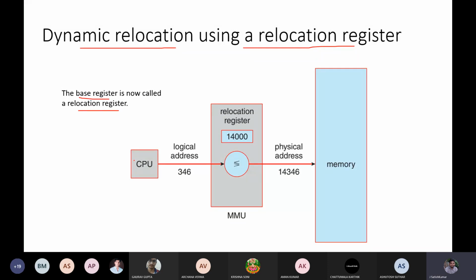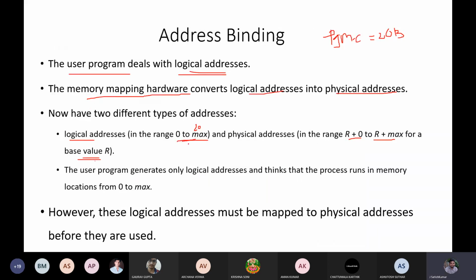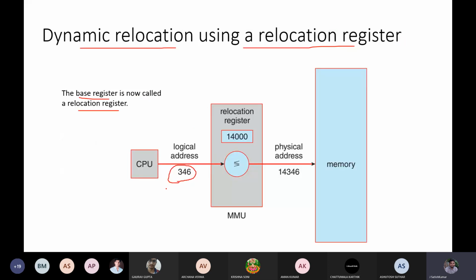Now the CPU generates a logical address of 346. The memory management unit will add 14,000 plus 346 and the memory location is at 14,346.